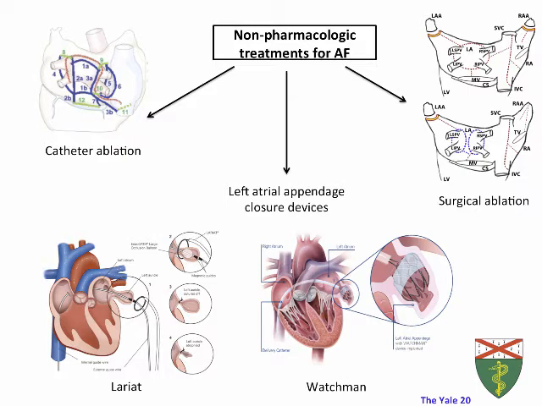There are also several left atrial appendage closure devices that aim to minimize the risk of forming a thrombus within the left atrial appendage. These are shown below. Ones that are currently FDA approved for AF include the Lariat and the Watchman.